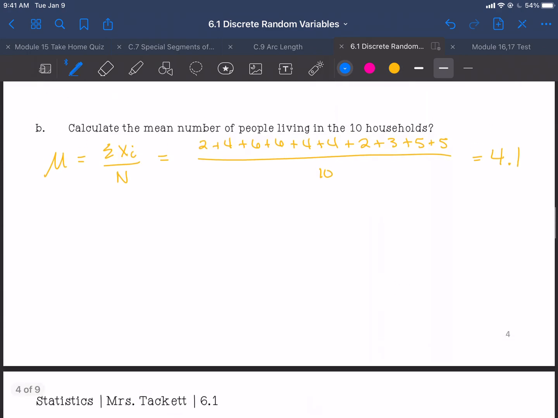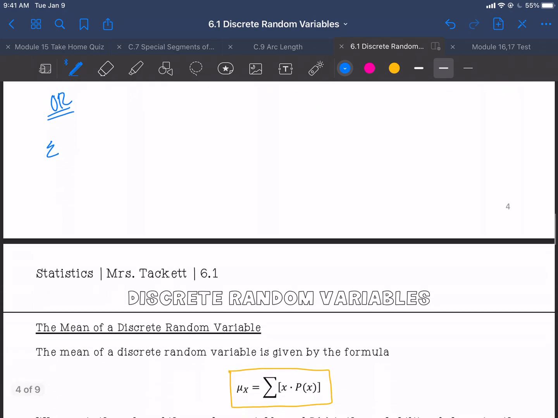So let's go test that up here. We have the sum of x times p of x.